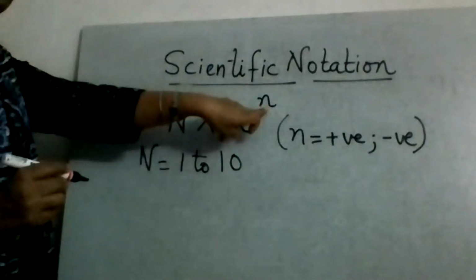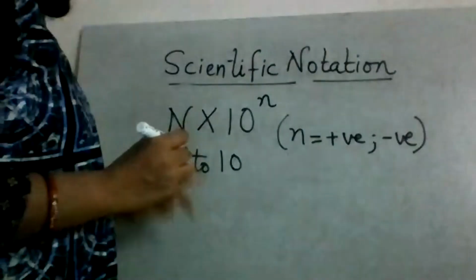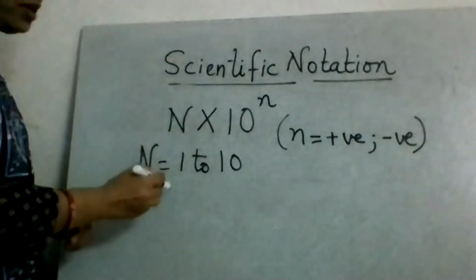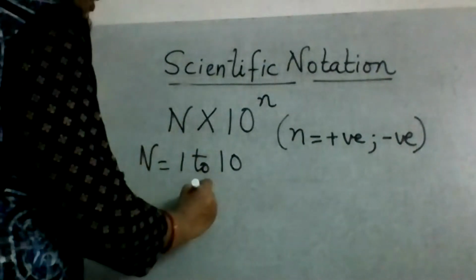Okay, this value small n, it can be either positive or negative, and this value capital N varies between 1 to 10. Let me give you an example and explain this.